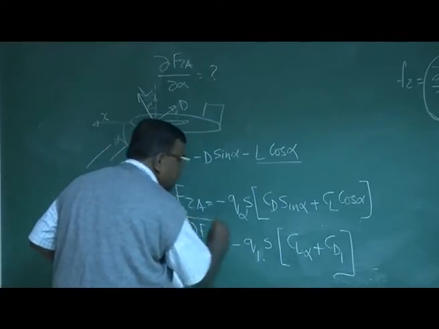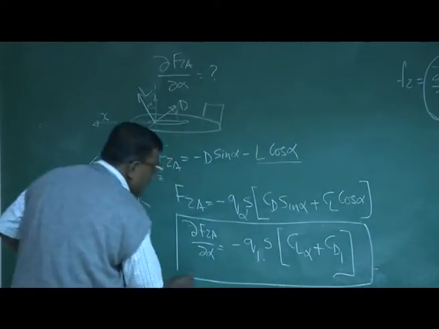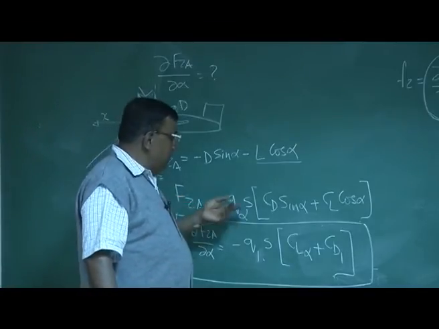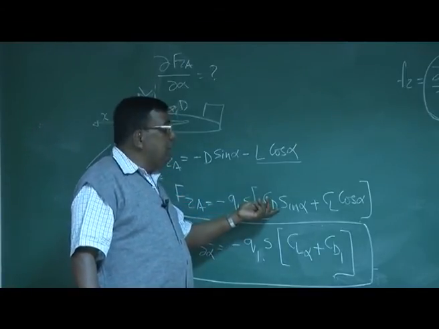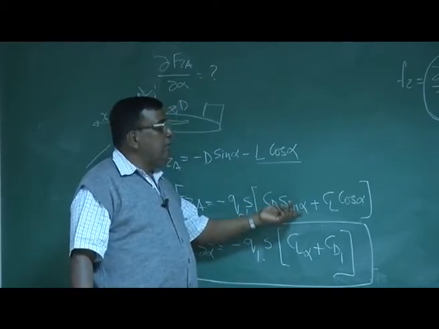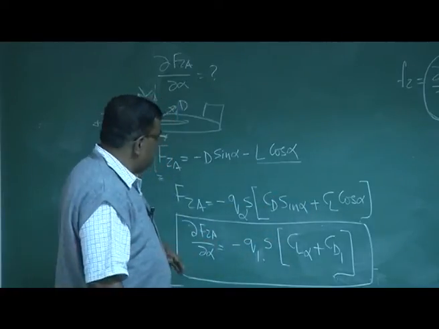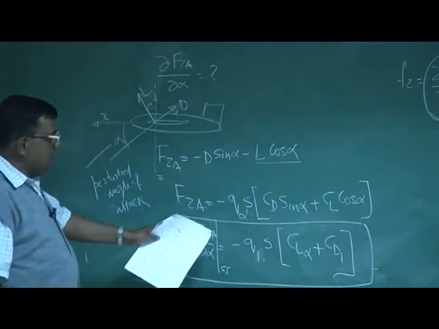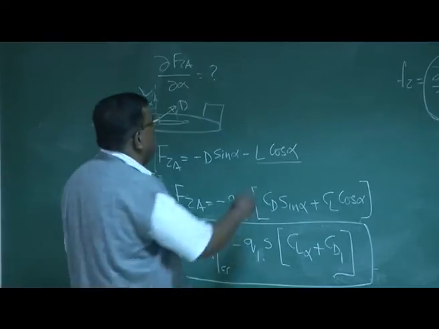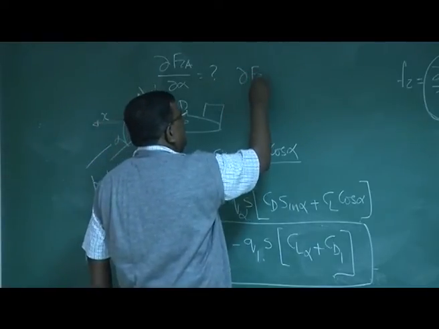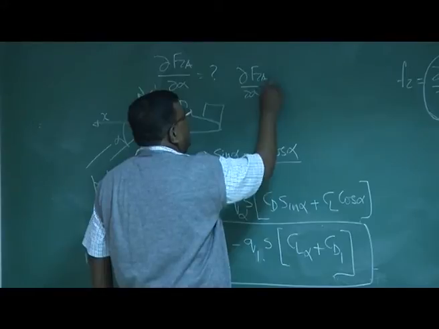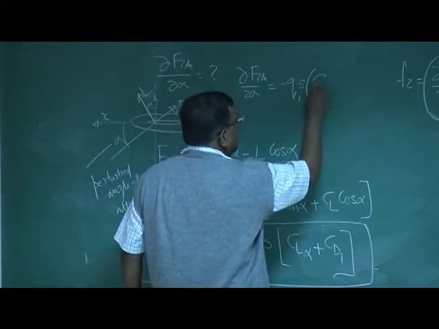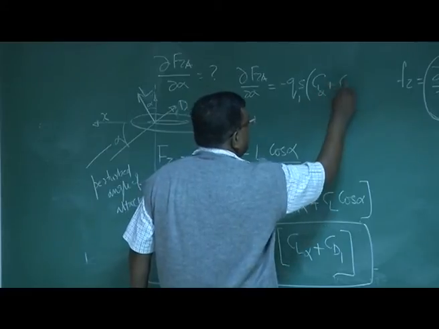I expect you should be able to derive this relationship. Take one derivative with respect to CD, one with respect to sine alpha, and put it at steady state, where perturbed alpha is 0. You should get dFZA by d alpha as minus q1 S into CL alpha plus CD1.